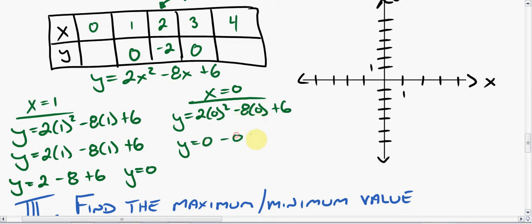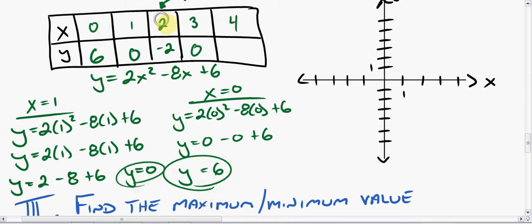Negative 8 times 0 is 0, plus 6. 0 minus 0 is 0, plus 6 is positive 6. So when I have an x value of 0, my y value is going to be 6. Since these are equal distances, 2 units, this value will also be 6. So I now have my table.